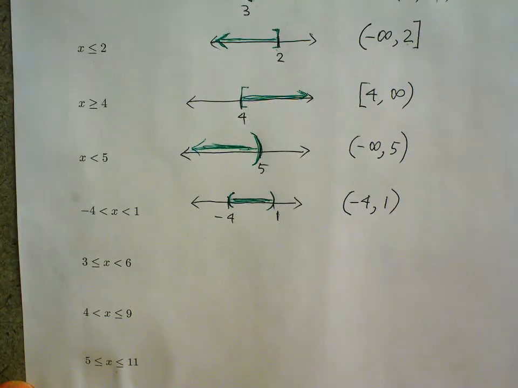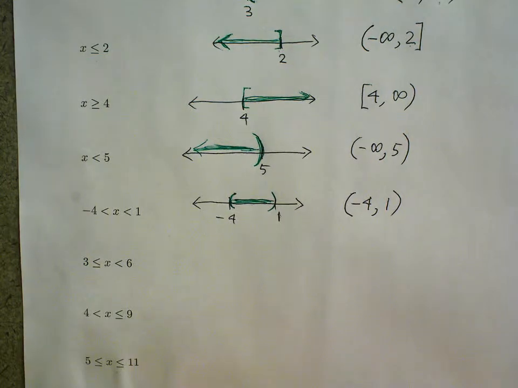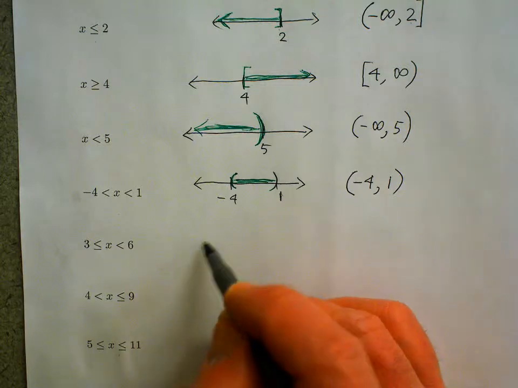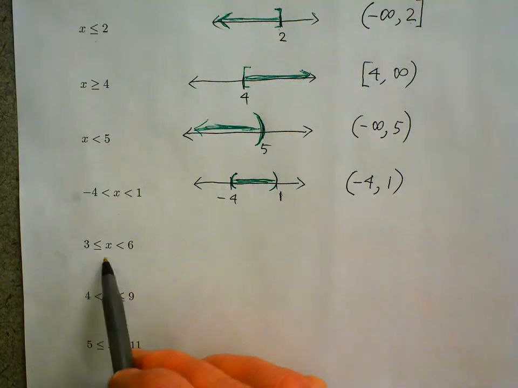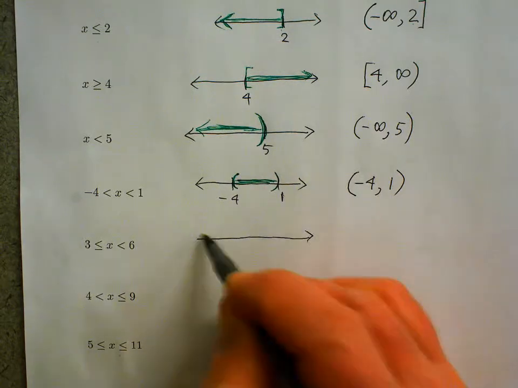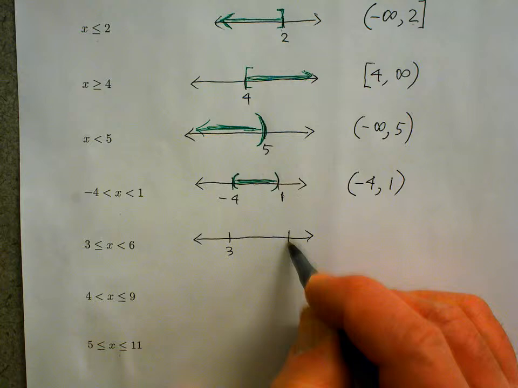Okay, more of the same. So now it's just becoming monotonous, but we still do it for the practice. 3 is less than or equal to x, which is less than 6. So plot the number 3 and 6.